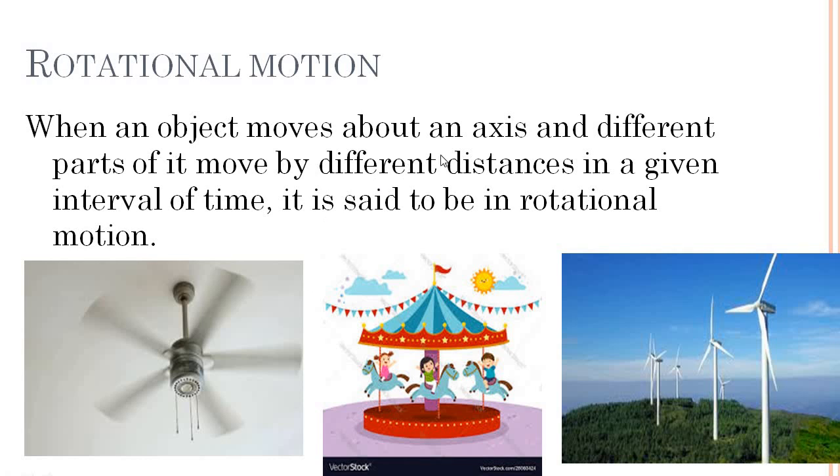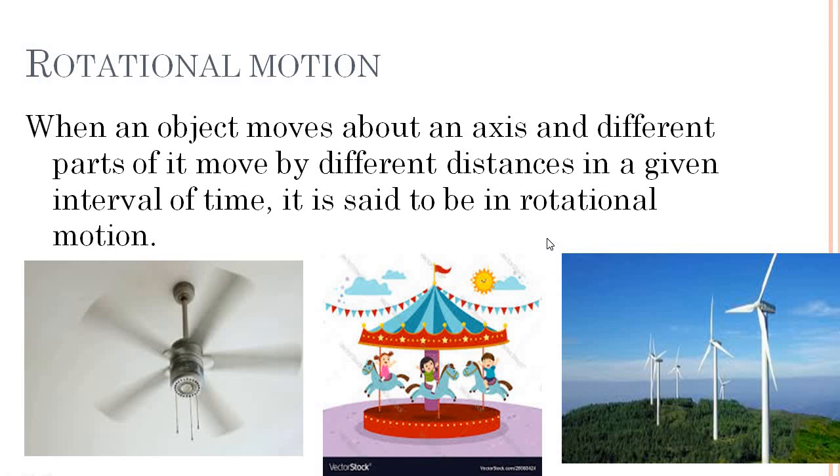So when an object moves about an axis and different parts of it move by different distances in a given interval of time, it is rotational motion. In this case, each and every part of the fan covers different distances. Here also the different parts cover different distances, and they move along the axis. That's why it is a rotational motion.